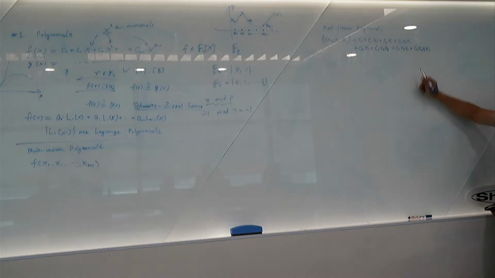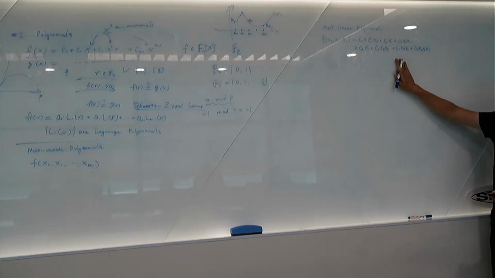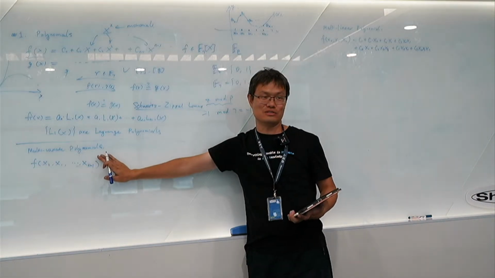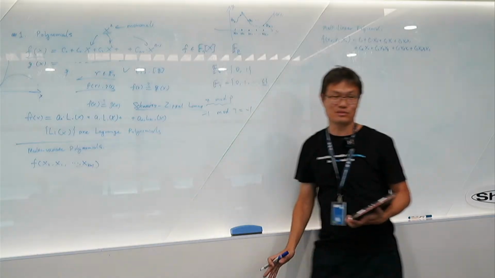Okay. Any idea about this form? Looks intimidating, no? This is called a multilinear polynomial. It's a special form of multivariate polynomials.